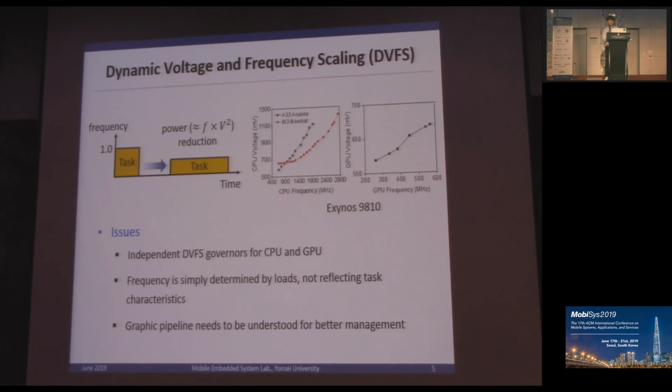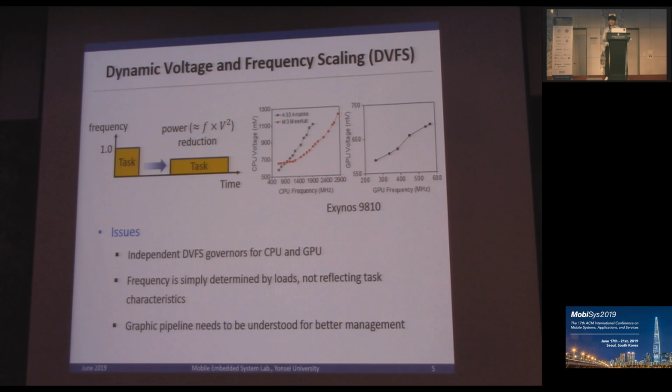Existing systems control this DVFS by using individual DVFS governors. For example, the CPU is controlled by CPU DVFS governors such as interactive, ondemand, or schedutil, and the GPU is controlled by the GPU DVFS governor, which is optimized by manufacturers.